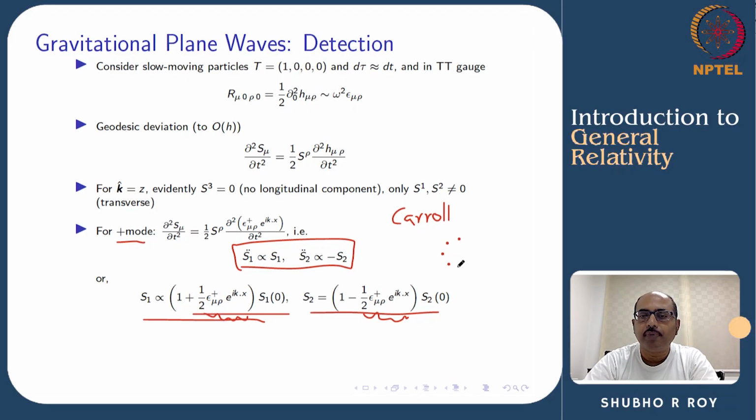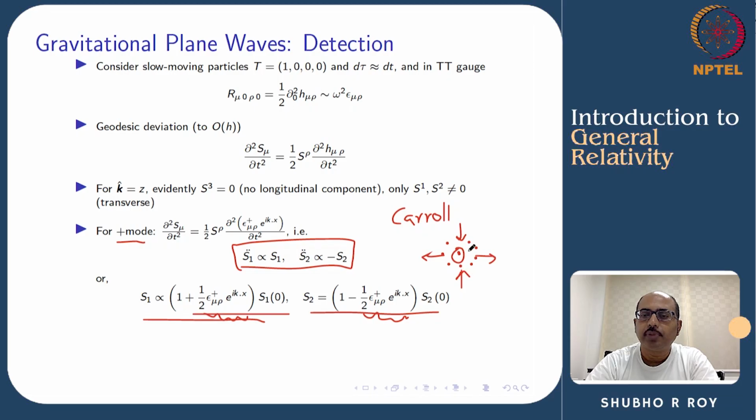a ring of test particles, on which the gravitational wave is impinging in a direction orthogonal to the plane of the slides. So this is the gravitational wave. Then these particles, let's say in the x direction, whenever it's going out or increasing, in the y direction they will be decreasing.